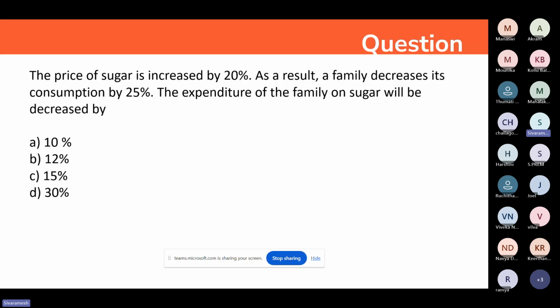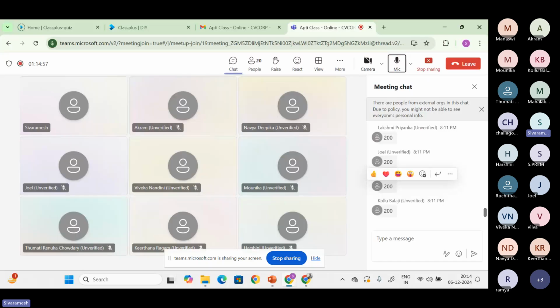Guys, one more thing I just wanted to ask. What about tomorrow's timing? I heard some people are going to college and all. Is it comfortable for you all to take class tomorrow at 5:30? What's your opinion? Yes, sir.